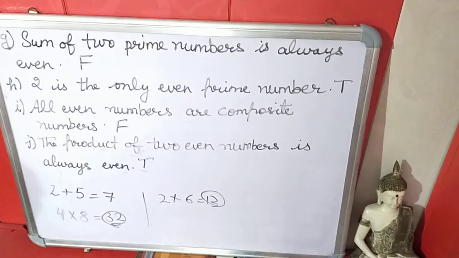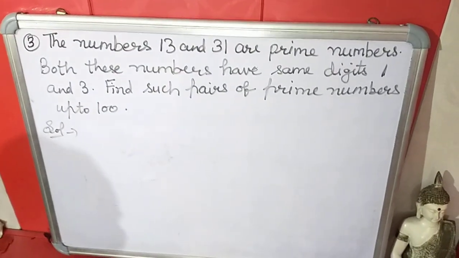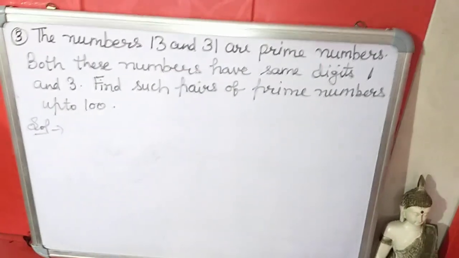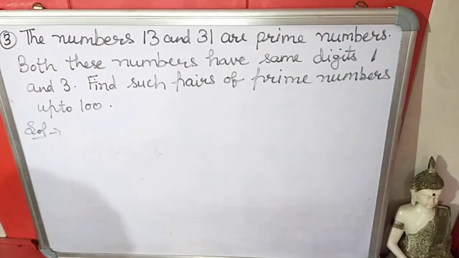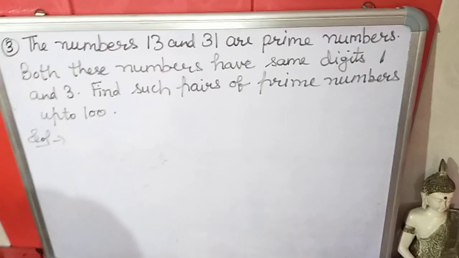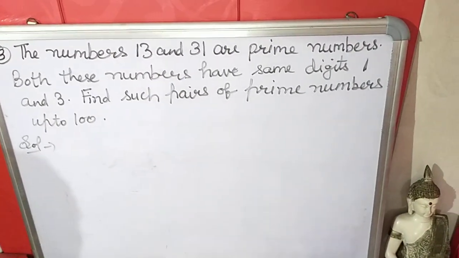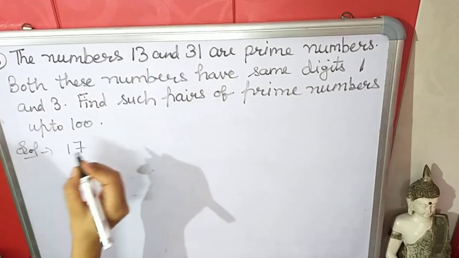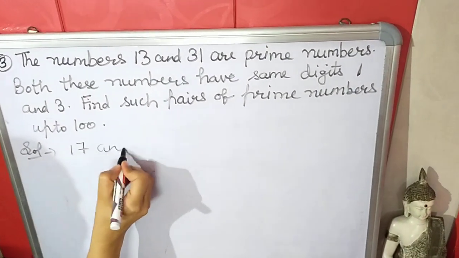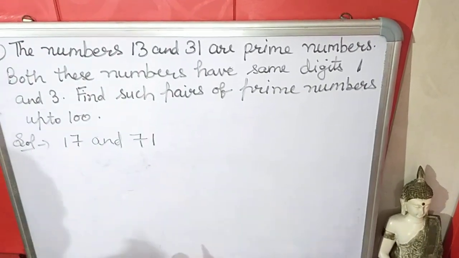It is true. Third question: the numbers 13 and 31 are prime numbers. Both these numbers have the same digits, 1 and 3. Find such pairs of prime numbers up to 100. So we will find that both numbers should be prime. If I take 17 and interchange the digits, 71.